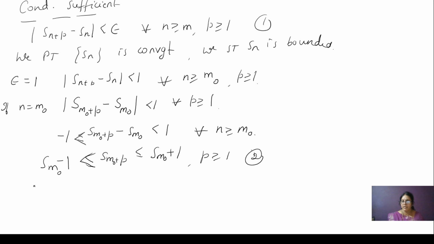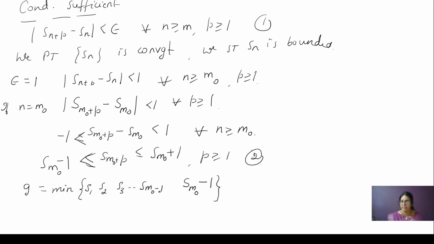Now, among the elements S1, S2, etc., we assume that small g is the minimum of the numbers S1, S2, S3, etc. up to S_{m0 minus 1}, and S_{m0} minus 1, separate from this.